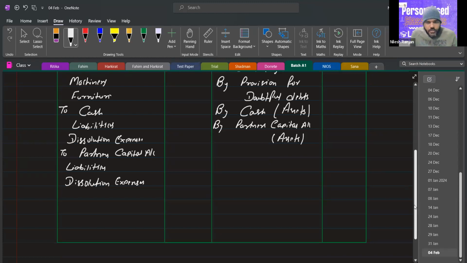So unrecorded assets will be written on the credit side, and unrecorded liabilities will be written on the debit side only at the time of realization or payment. Okay, sir. Now, after writing all the items, what will we do here?